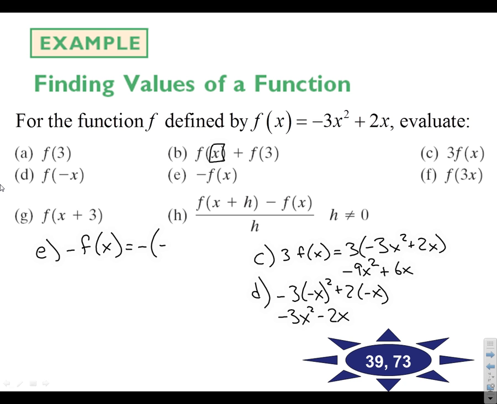Sorry about that. So we had a negative in front of everything: -3x squared plus 2x. So this will be 3x squared minus 2x.